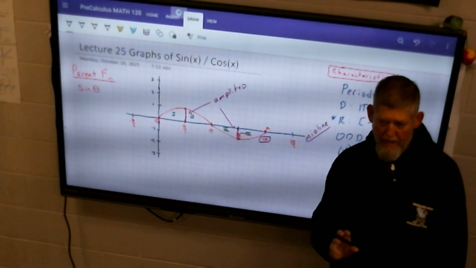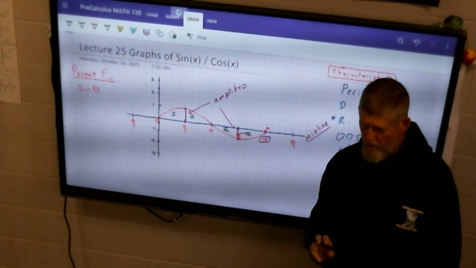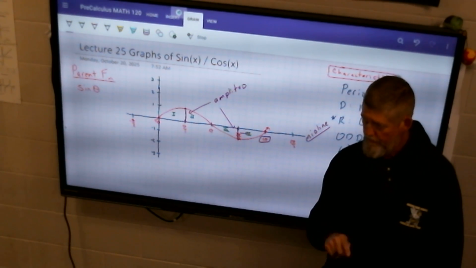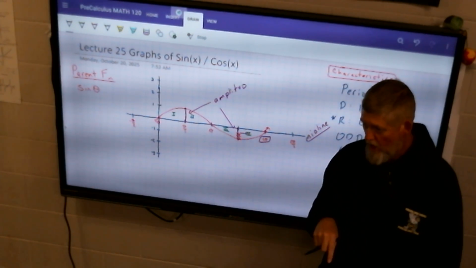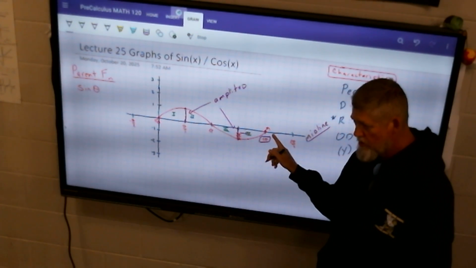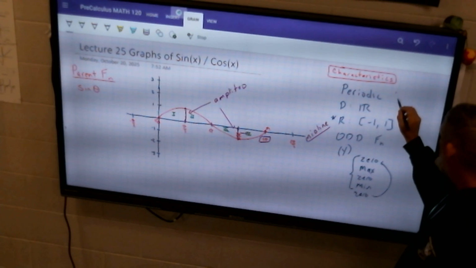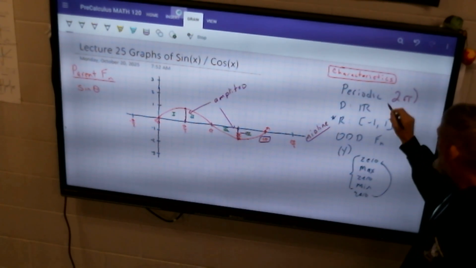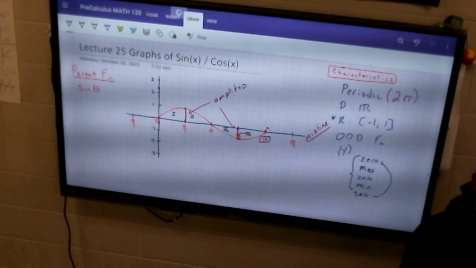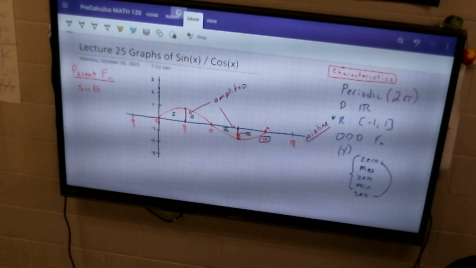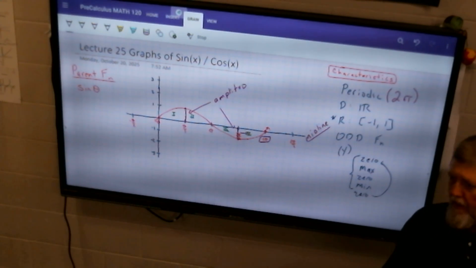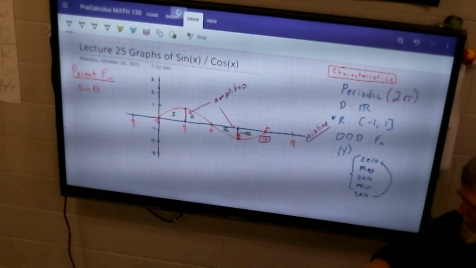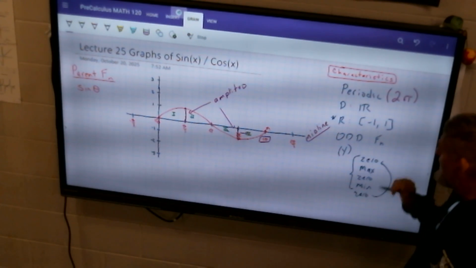And where does 2 pi line up with the unit circle? 360 degrees. It's one rotation, right? So this is like one rotation of the unit circle, and that's how long the period is, 2 pi. If you go back to your identities, we talked about periodic identities. And remember, if I have something plus 2 pi, you just get rid of 2 pi. 4 pi, 6 pi, you get rid of all those. So the period is every 2 pi.